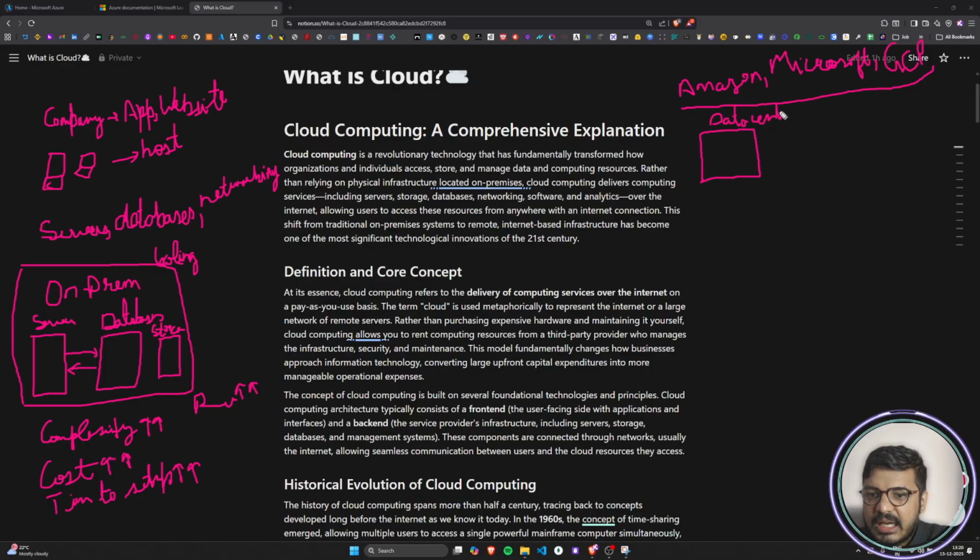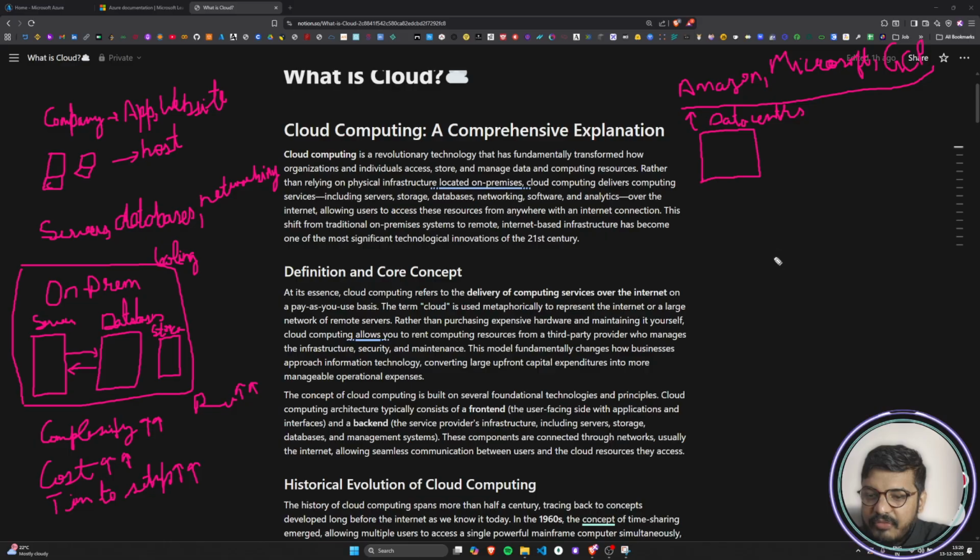Data centers are places where a large number of servers, storage devices, and networking are kept, keeping track that all the hardware and all the stuff should be up and running. All these things are managed by these organizations.